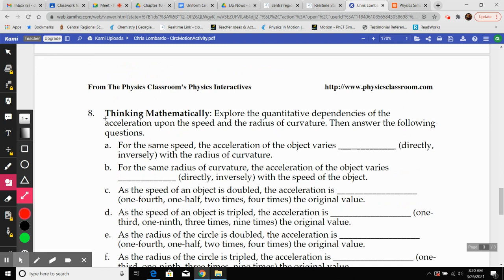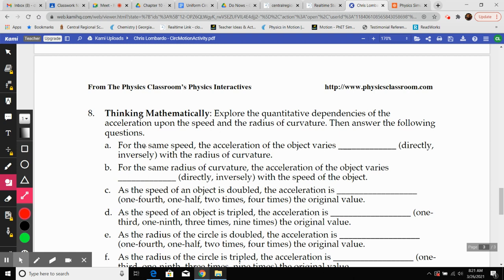All right, so now we're going to move on to thinking mathematically. We're going to go back to this simulation and explore the quantitative, which has to deal with numbers. We're going to deal with the quantitative dependencies of the acceleration upon the speed and the radius of curvature, and then answer the following questions.